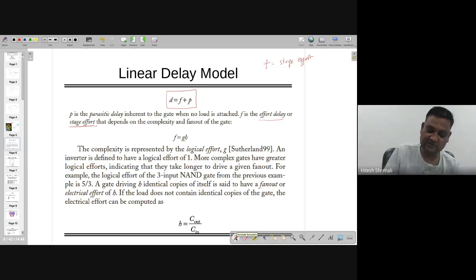By the way, these notations are so standardized that every book has the same notations. If you are using Weste Harris, Rabaey, or any other book like Kang or Sutherland, all books have the same notations. And P is the parasitic delay.